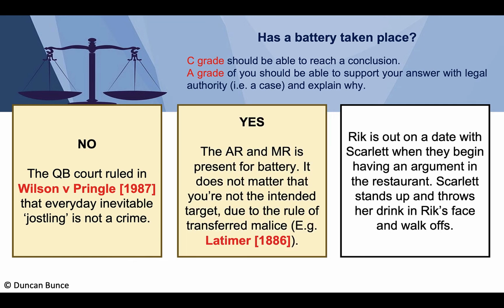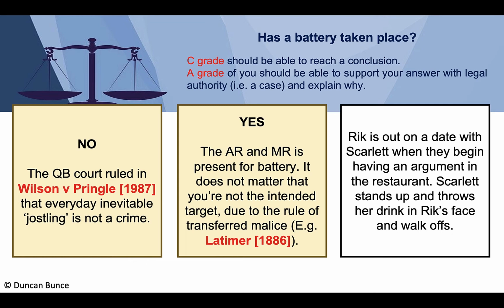So Rick is out on a date with Scarlett when they begin having an argument in the restaurant. Scarlett stands up and throws her drink in Rick's face, and I should say walks off. In this instance, what we've said before is, knowing what we know about the actus reus of battery, the application of unlawful force can be through an indirect act.